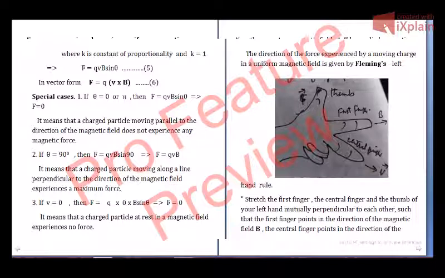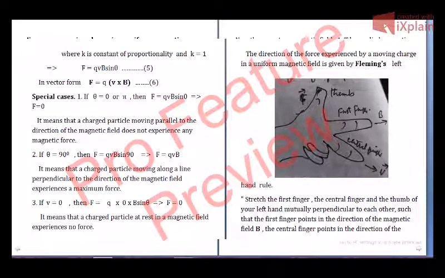As you can see from the field, from left to right or from right to left. If it is moving from left to right, along the direction of B, theta will be 0, and if it is moving from right to left, theta will be pi.